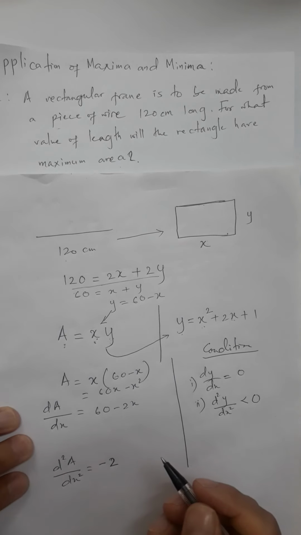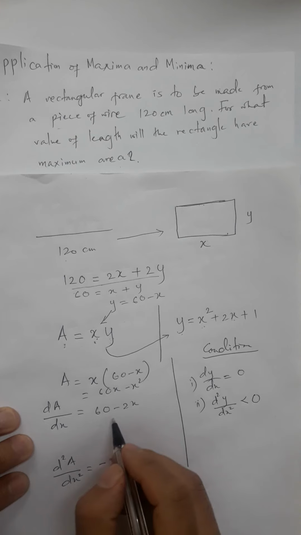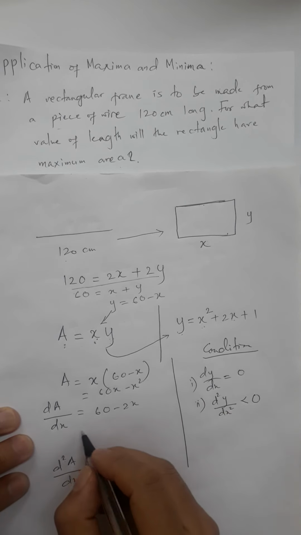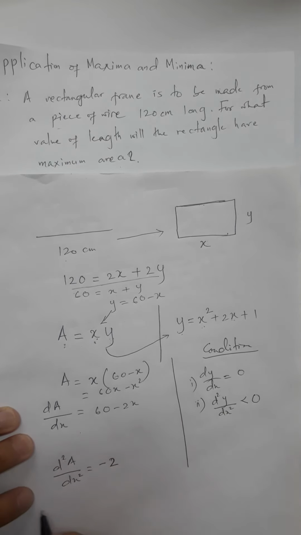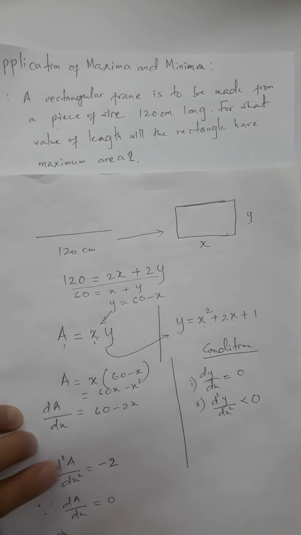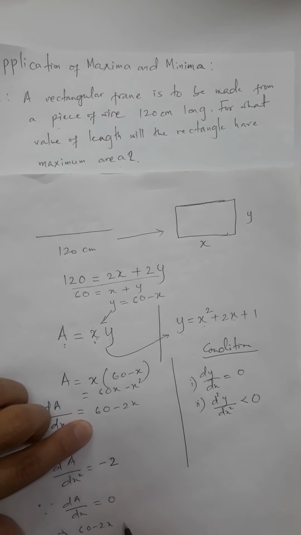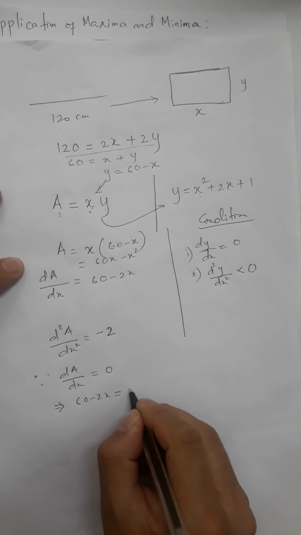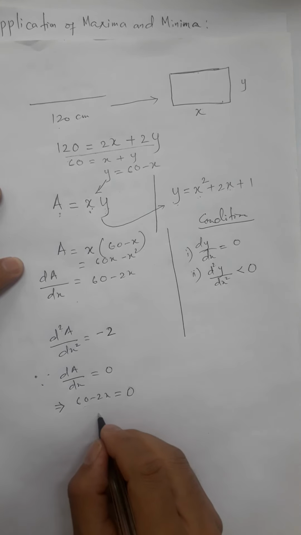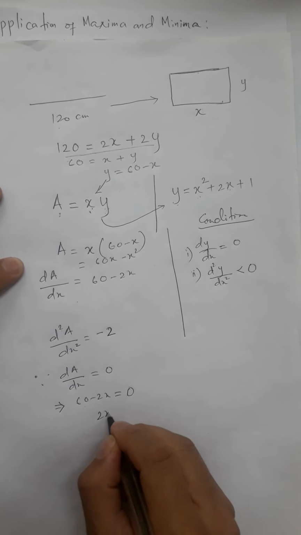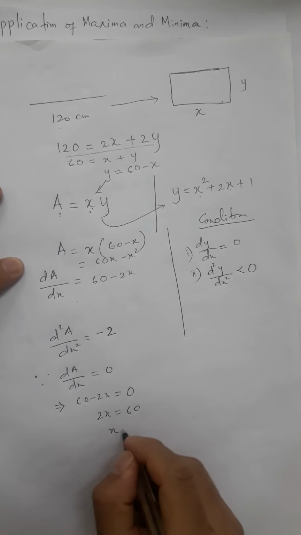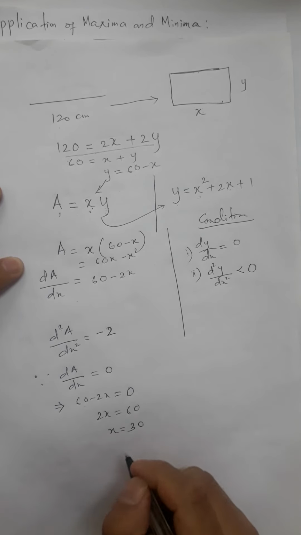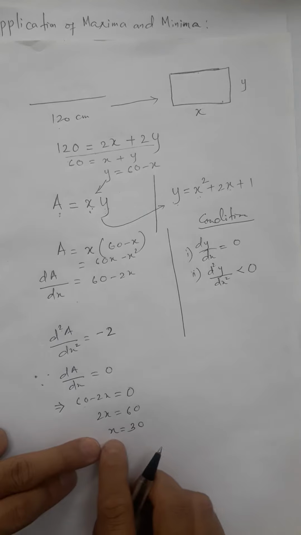Now I can equate dA by dx to 0 as per this condition, which implies that 60 minus 2x is equal to 0. From here you're going to get 30. So your x is 30.